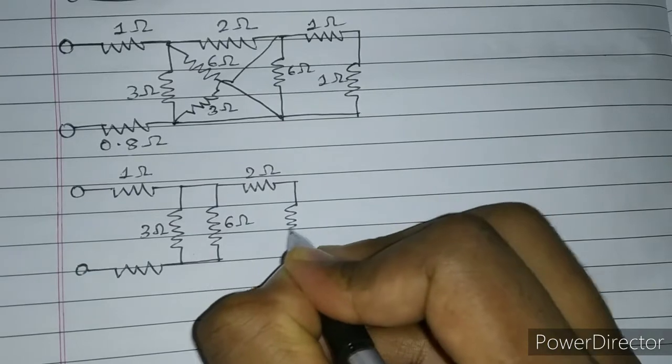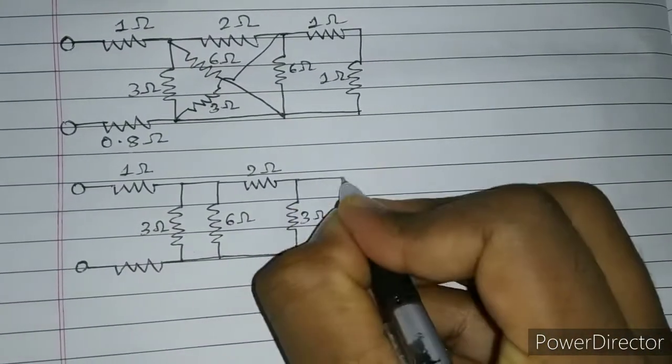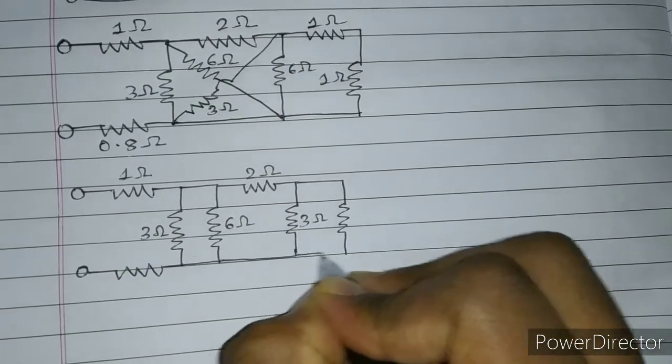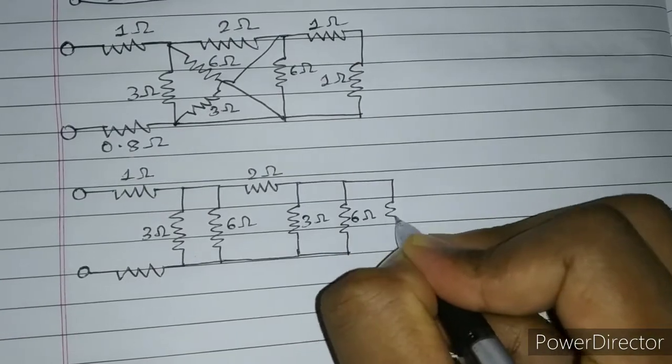Over here is a 3 ohm resistor in parallel with 6 ohms in parallel with 2 ohms.